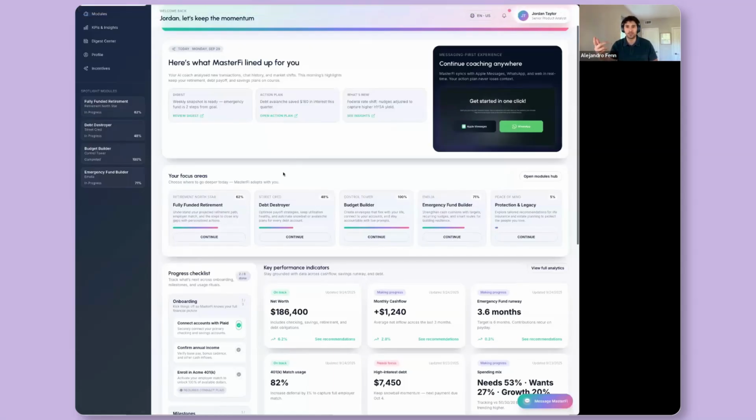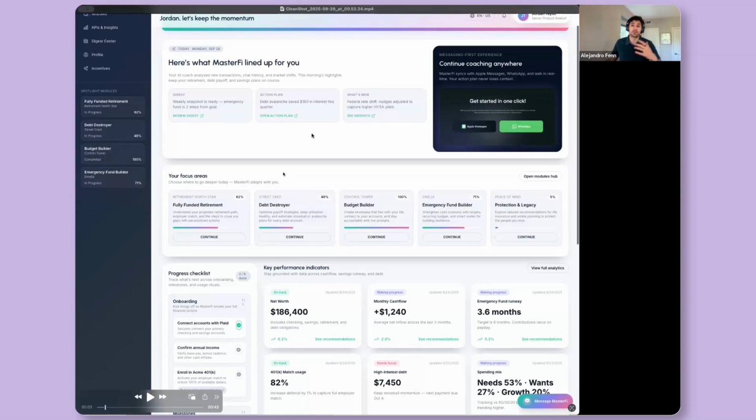It might be a new weekly update that contains an analysis of last week's spending or some other kind of outlier events. Hey, I saw you just got a bonus. Let's help you figure out what you're going to do with that bonus that best meets your goals. So that's a key part of this future application.